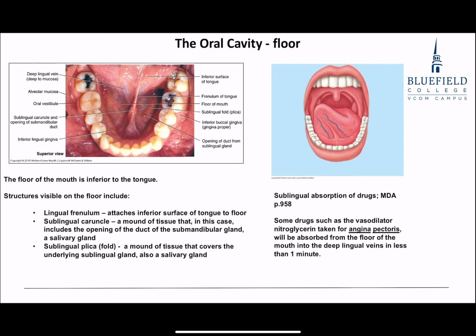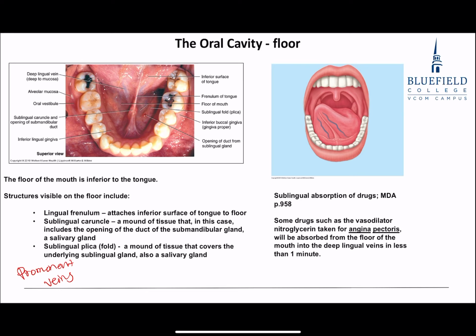First of all, the inferior surface of the tongue is characterized by pretty prominent veins, very close to the surface. People with a heart condition who want to quickly dilate arteries will put nitroglycerin under their tongue, and it's quickly absorbed by these veins. That's not why they're there, but that's what you see there.